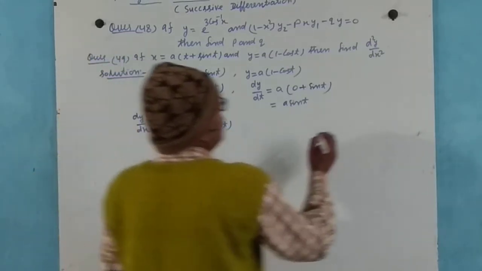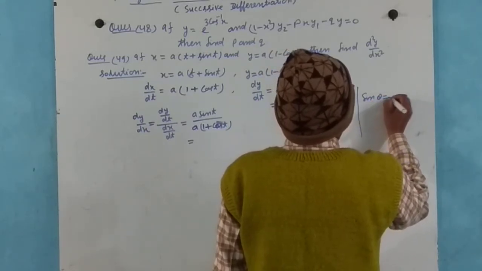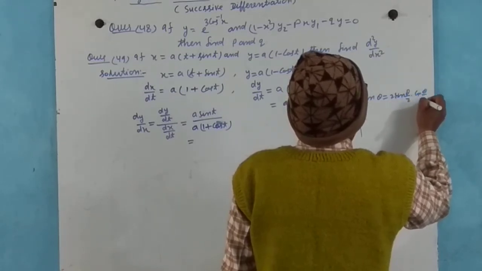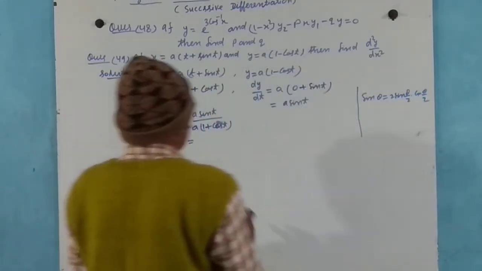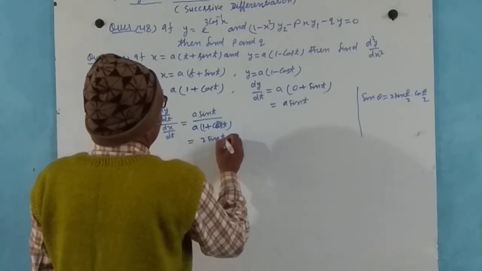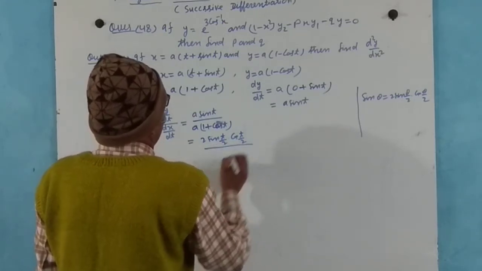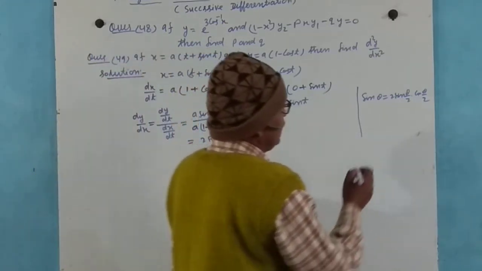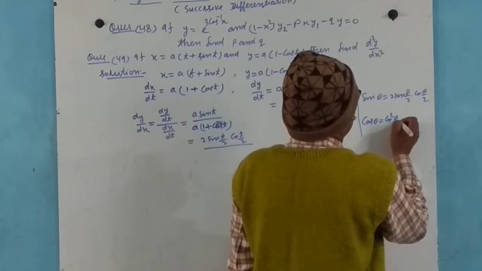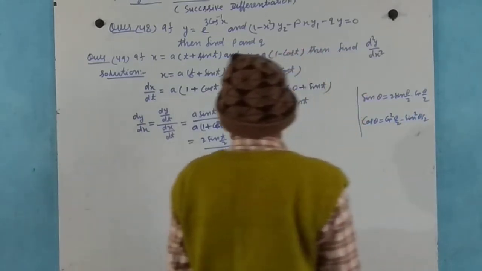Sin t can be written as, sin theta equal to 2 sin theta by 2 into cos theta by 2. In the similar sense, sin t is 2 sin t by 2 into cos t by 2, divided by cos t, and cos theta equal to cos square theta by 2 minus sin square theta by 2.